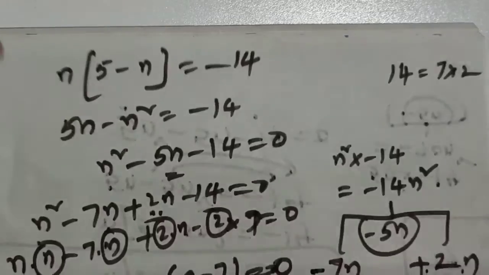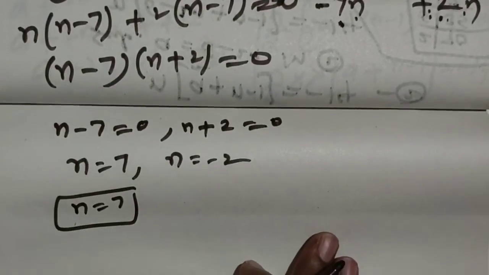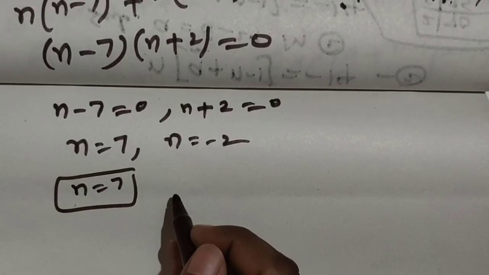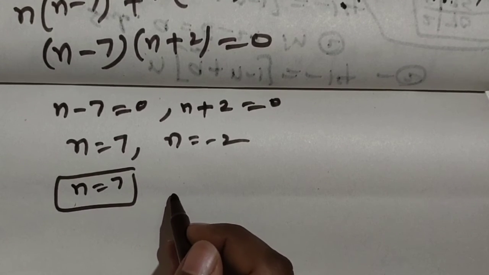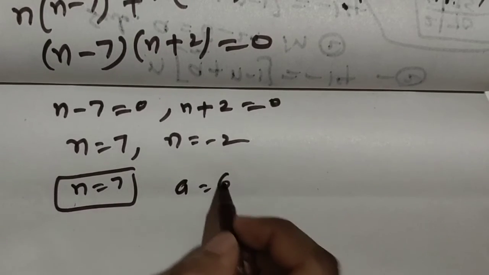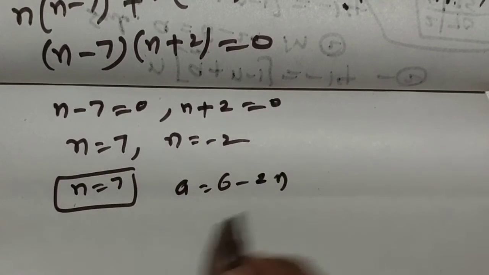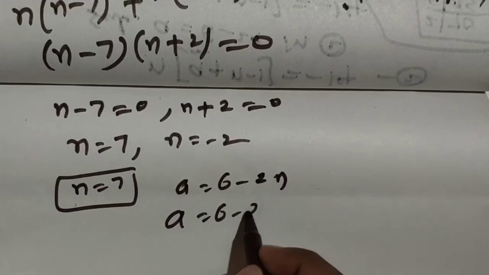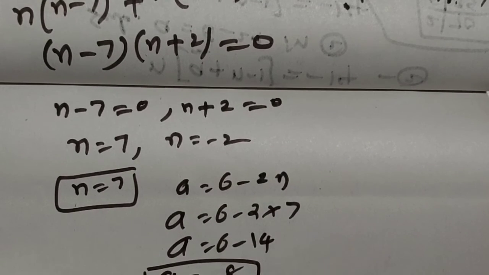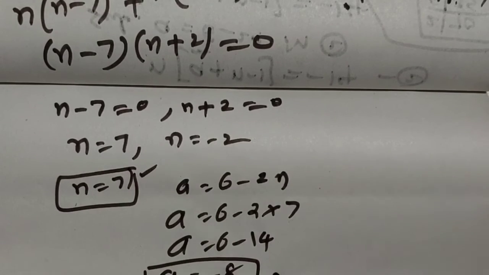To get the a value, we have already a is equal to 6 minus 2n. So a is equal to 6 minus 2 into 7, a is equal to 6 minus 14, a is equal to minus 8. So like this, we have to get the values: n value 7, a value minus 8.